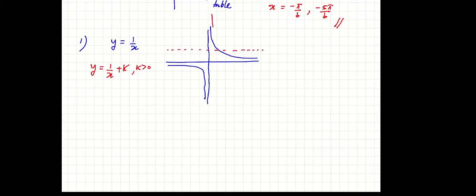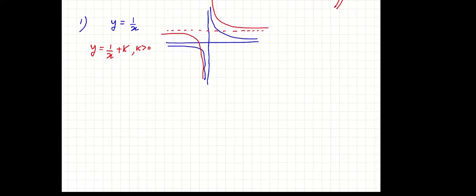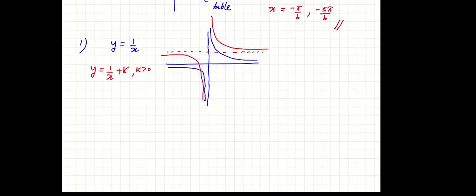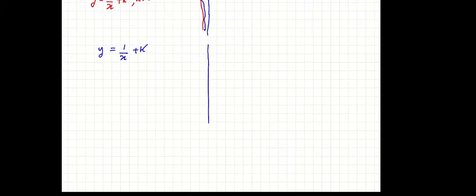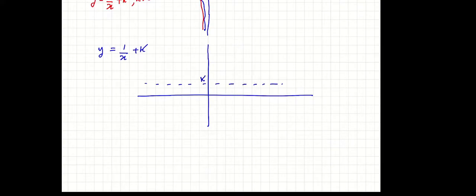So your plot would be like this. Okay, so that's how it looks like. So now what I will do, 1 divided by x plus k, I will draw separately here. If I do that, like that, okay.